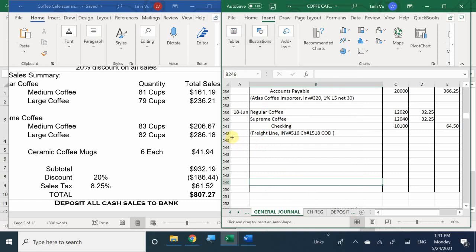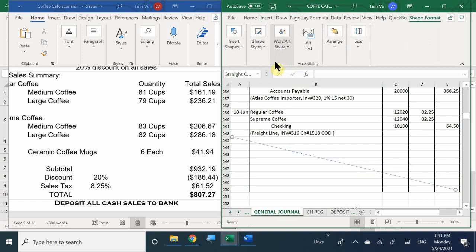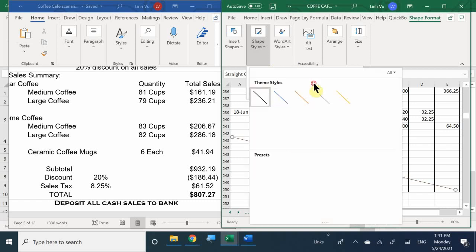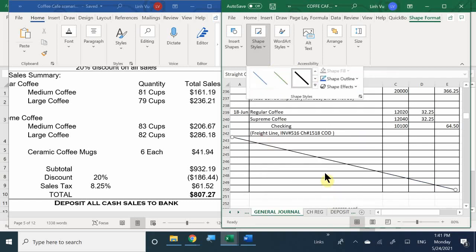And I would go from the very top of the date all the way to the very bottom cell of the credit. And how you want the thickness of the lines, you can determine that as well. So I want this one. Actually, I want it thicker than that. So I may want to choose something like this so that it's pretty visible.